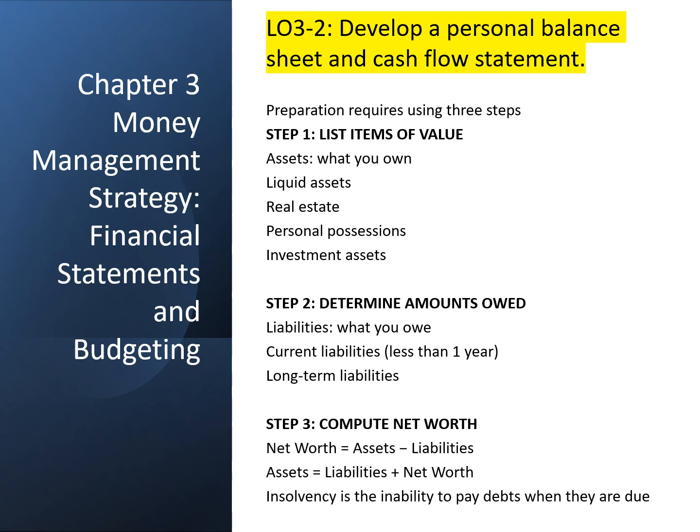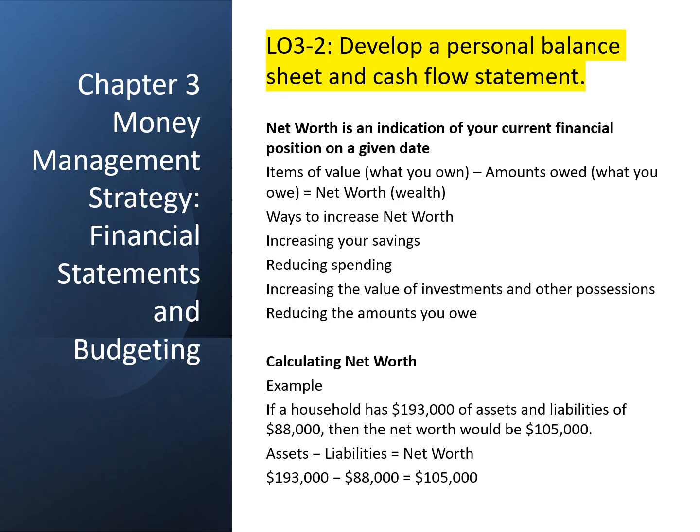Insolvency is the inability to pay off debts when they are due. These are all things to keep in mind. When we talk about net worth, we're looking at the snapshot of your current position.